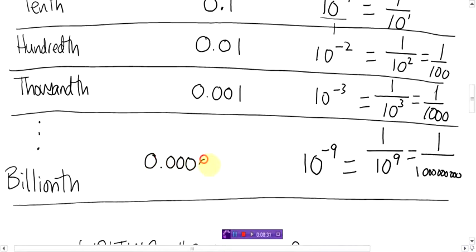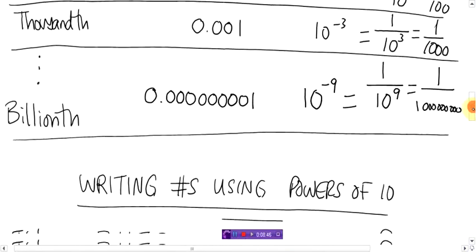So it's 4, 5, 6, 7, 8. 1, 2, 3, 4, 5, 6, 7, 8, 9. That's a billionth. So it's very, very small. Okay.